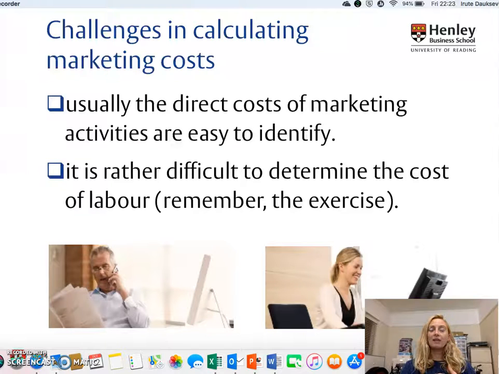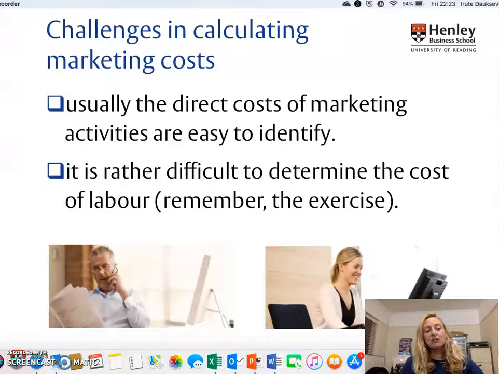In some cases, as in this exercise, the manager had a lot of interaction with other people, and a lot of other people spent their time on actually doing that. So think about it, if the brand manager in Waitrose had to do this campaign for Christmas, probably he or she must have spent easily 20, 30, or maybe even 50% of the total annual time just to do that, and other people contributed as well.